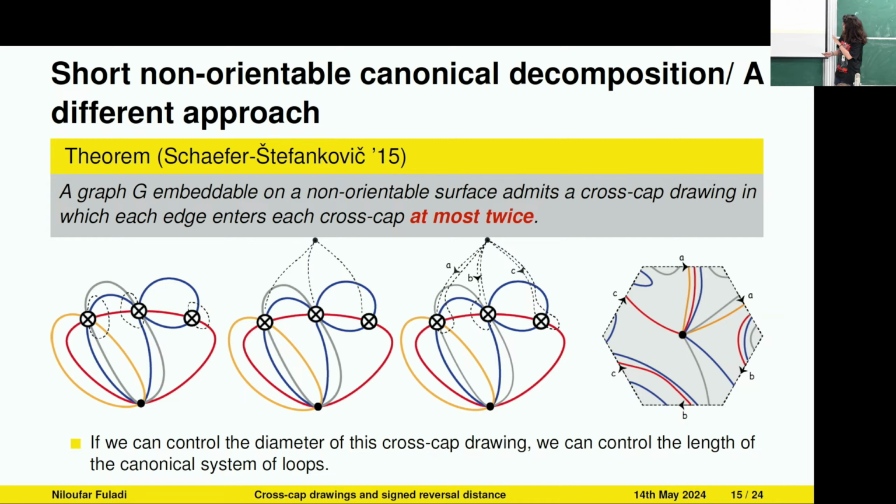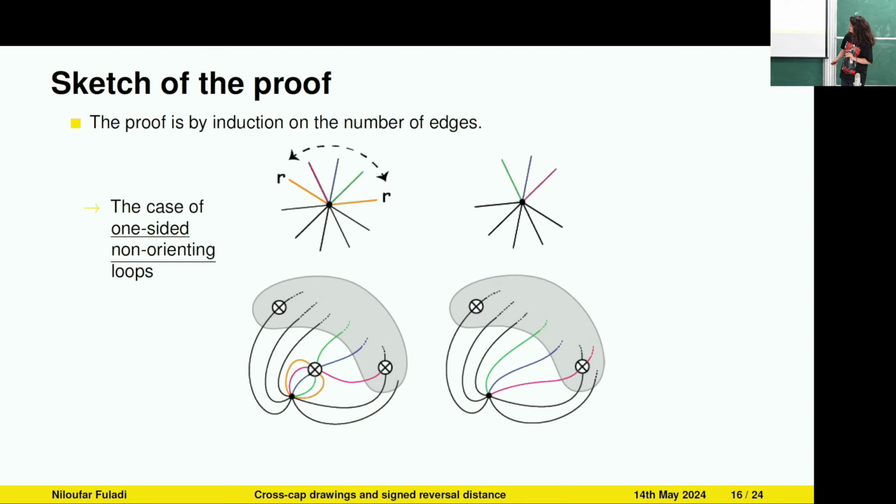Okay, I'm going to explain roughly how this is done. So let me tell you how the algorithm works. The algorithm is by induction. At each step, they deal with one type of curve. For example, I'm going to explain the case where they are dealing with a one-sided non-oriented loop. Let's say R is such a curve.